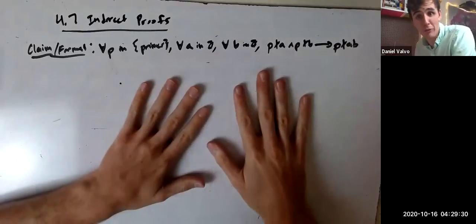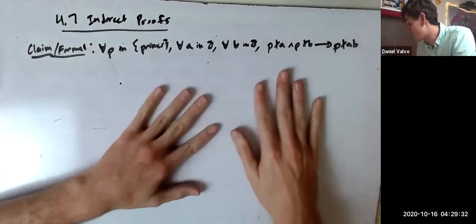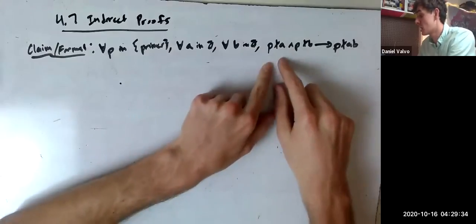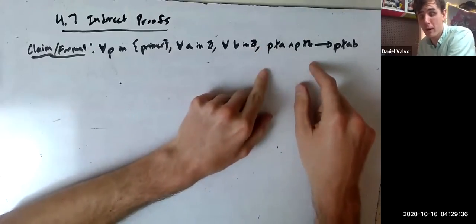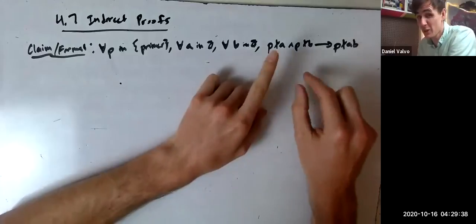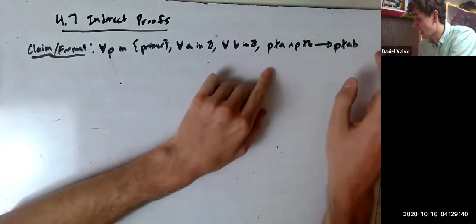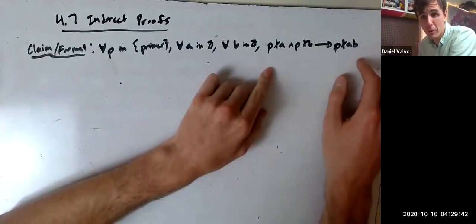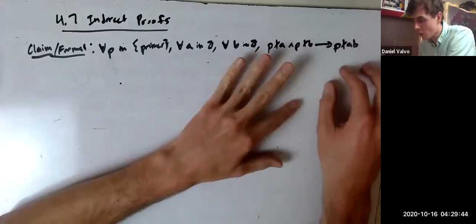Now, this is kind of a mouthful, right? What this is saying is that if you have two numbers, A and B, and P is a prime, if P doesn't divide A and it doesn't divide B, it can't divide their product, which is kind of weird, by the way.